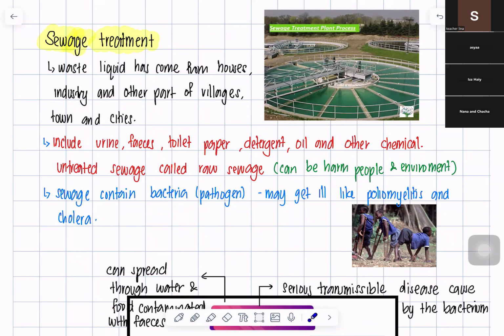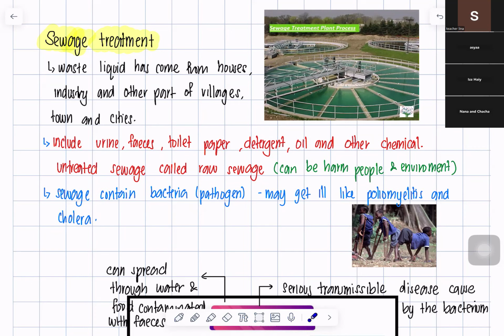Asha, can you explain to me what happens if the cholera enters the large intestine? When they enter, what will it do? I'm not sure. It will replicate, right? Yes, reproduce, multiplying many times.